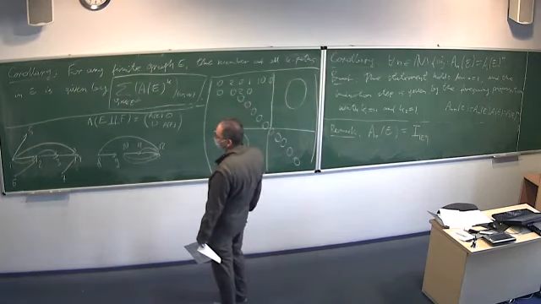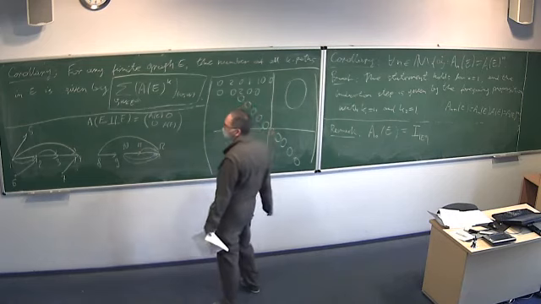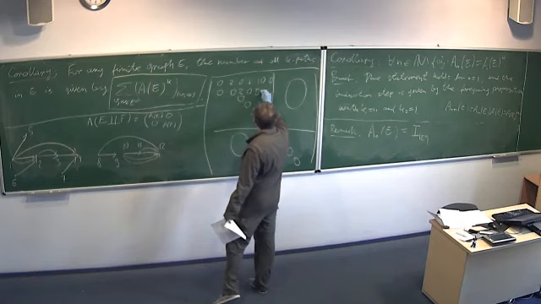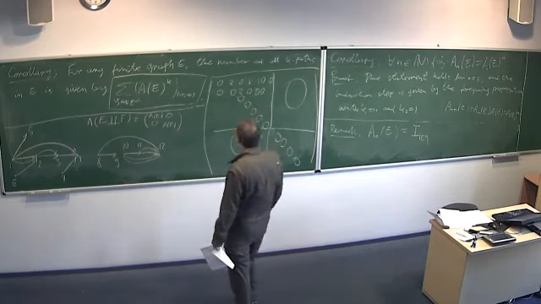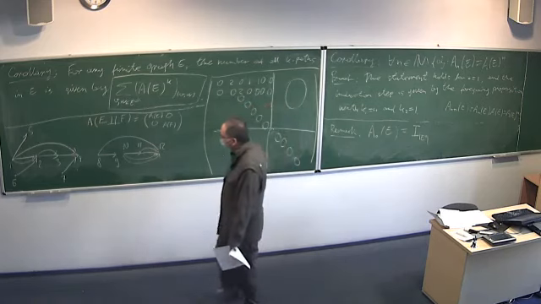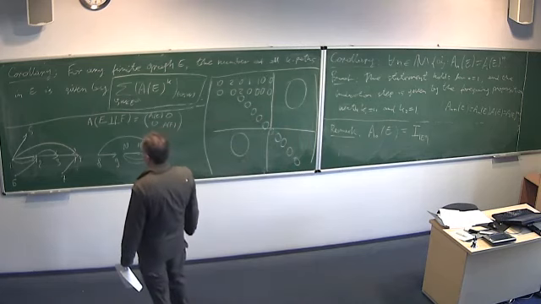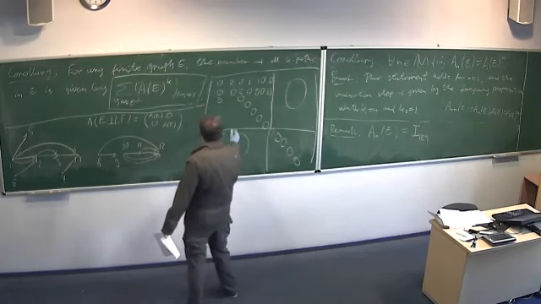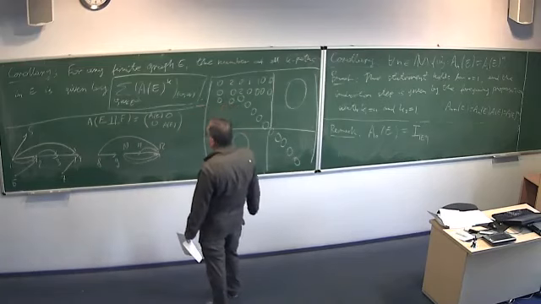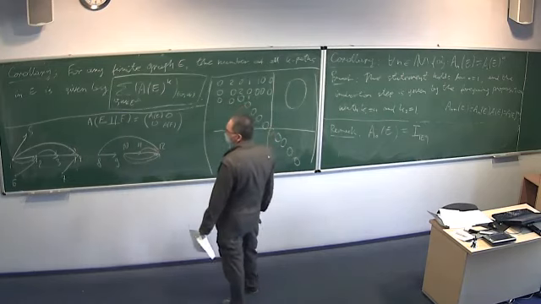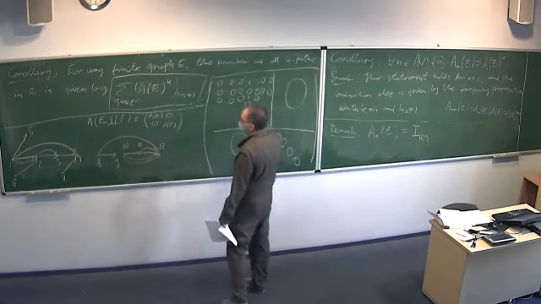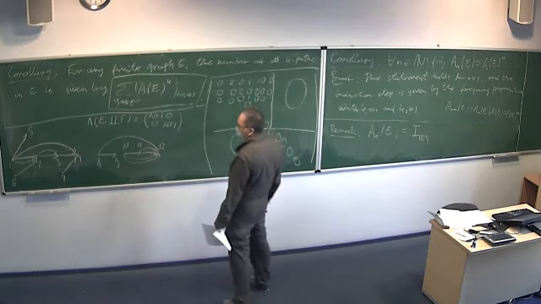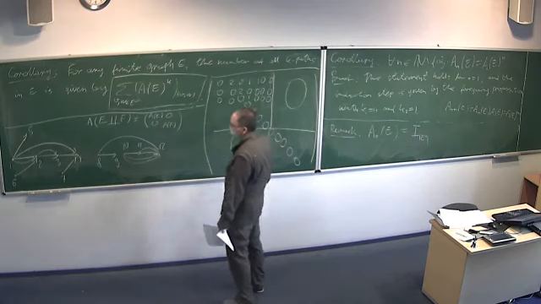From 2 to 5, nothing. From 2 to 6, nothing. And from 2 to 7, nothing. Now, from 3 to 1, nothing. From 3 to 2, nothing. From 3 to 4, 1. From 3 to 5, nothing. From 3 to 6, nothing. And from 3 to 7, nothing.